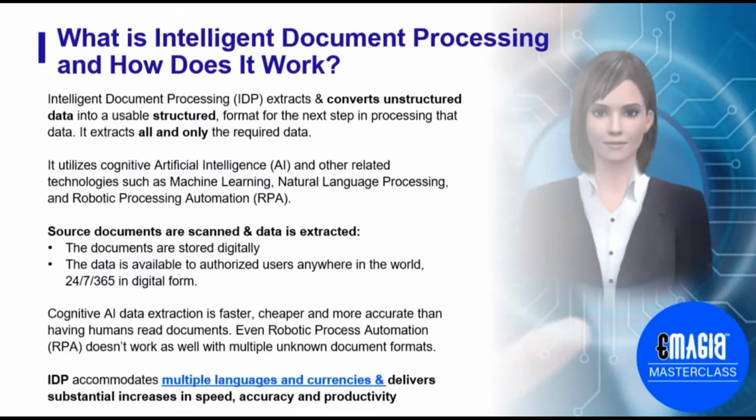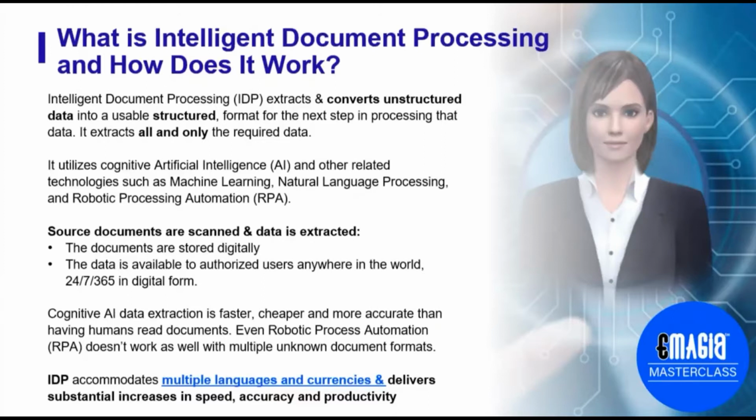And at the end of the day, cognitive AI data extraction, which is really IDP, is faster, cheaper, and more accurate than having humans read the documents. And even RPA is constrained. It doesn't work well with these multiple unknown format documents in multiple modes.